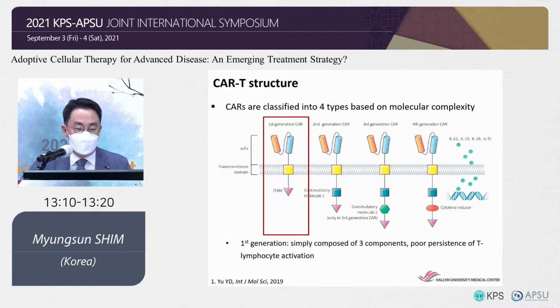The first generation CAR T cell is simply composed of three components. But given the lack of co-stimulatory molecule, it has a poor persistence rate of T cell activation.